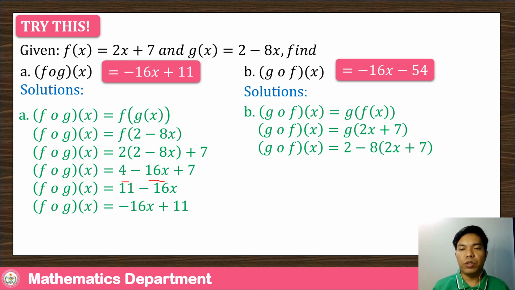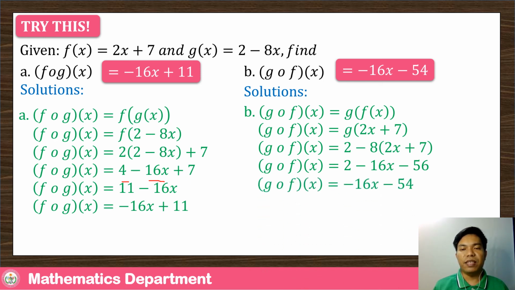As a result, we have 2 minus 8 times 2x plus 7. Again, the same process, we'll distribute yung 8 dito sa ating expression na nasa loob ng ating grouping symbol. So we'll have 2 minus 16x minus 56. And then simplifying this, we'll have negative 16x minus 54.